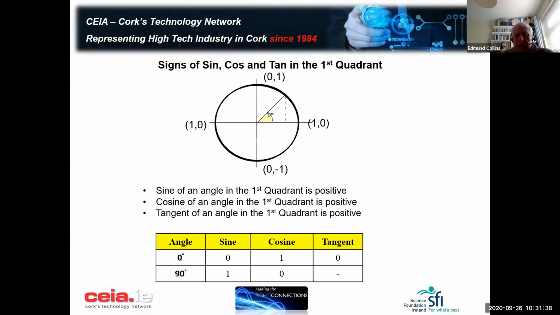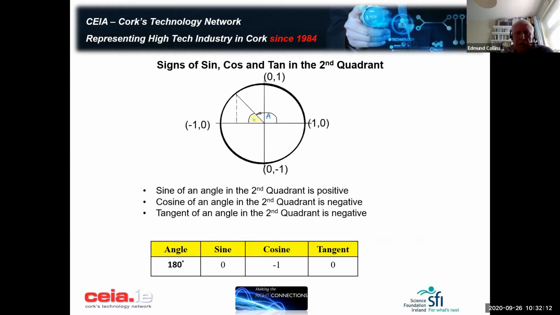The tangent is undefined, it goes to infinity, because we're dividing by 0. And as you know, when you start dividing by 0, funny things happen. You're basically going towards infinity. We'll see that later in the plots of sine x, cosine x and tan x. That's the first quadrant situation.